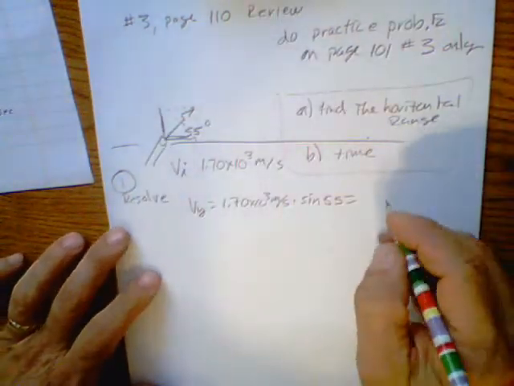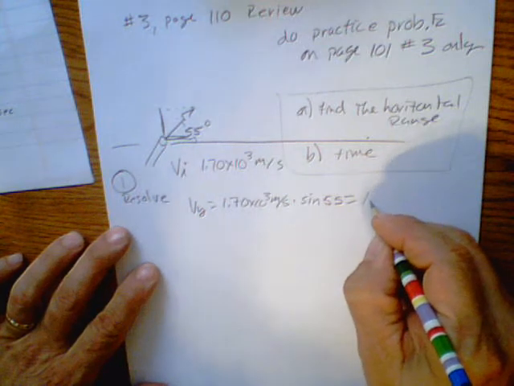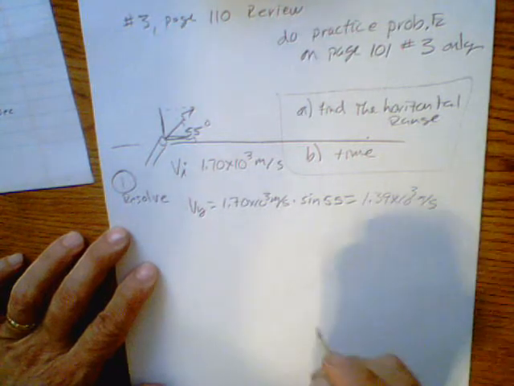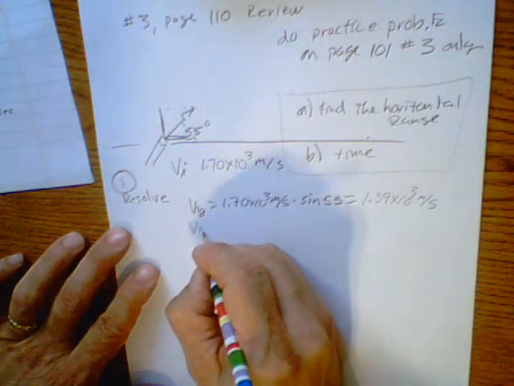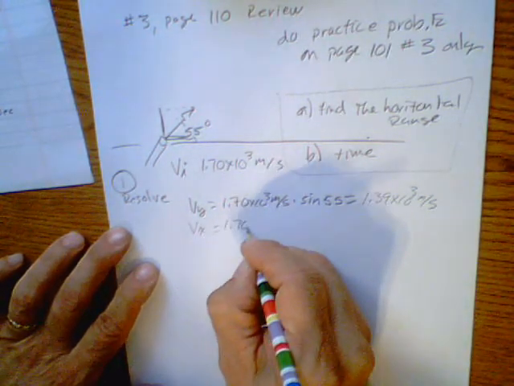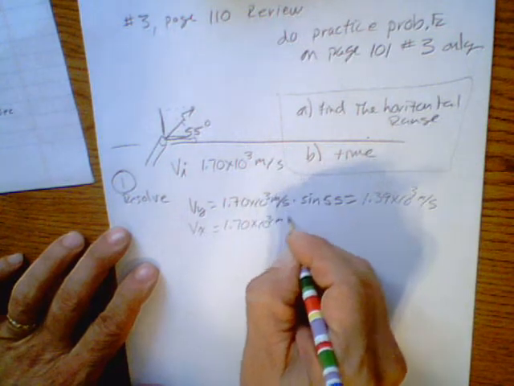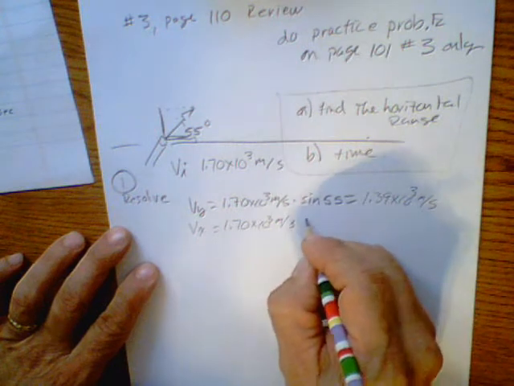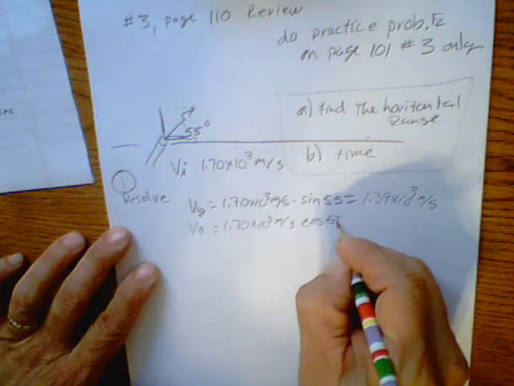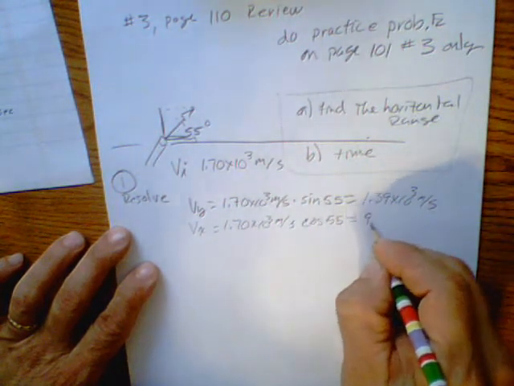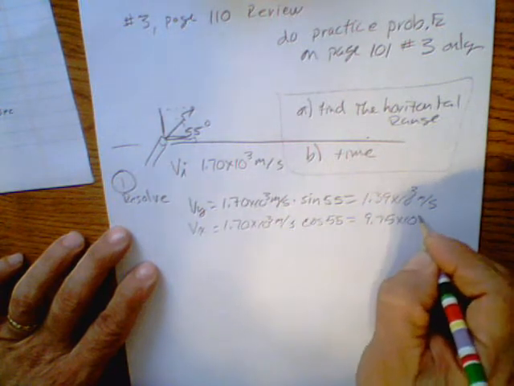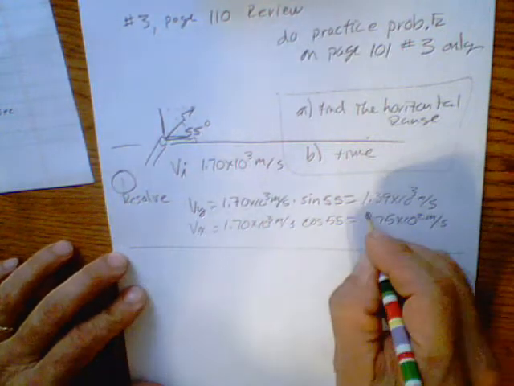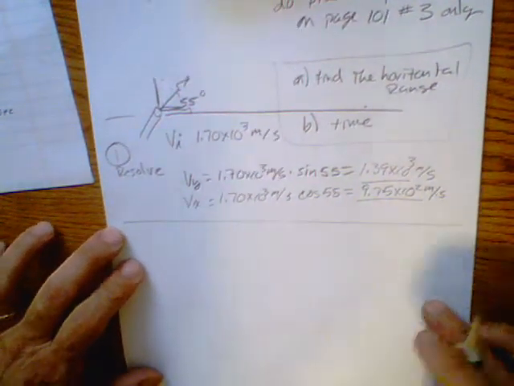Now you put this in your calculator, and it is 1.39 times 10 to the third meters per second. And then we resolve x, which is the exact same thing, except we're using cosine instead of sine, and that's 9.75 times 10 to the 2 meters per second. Right? So that's our first step. We need these numbers for sure, because, as I said earlier.